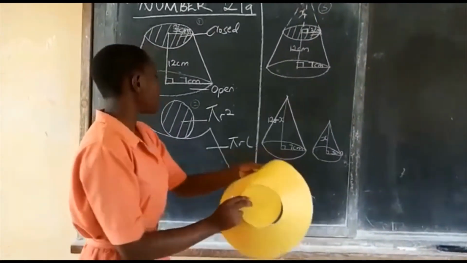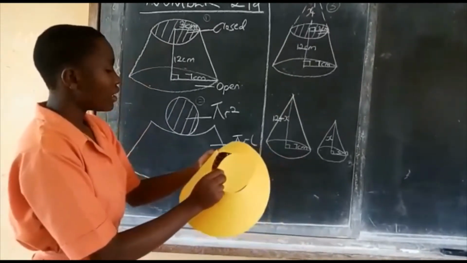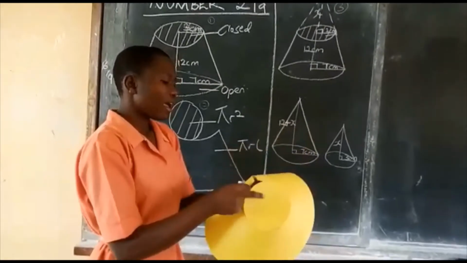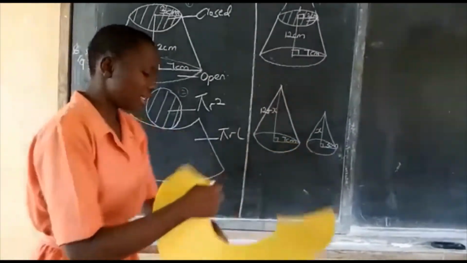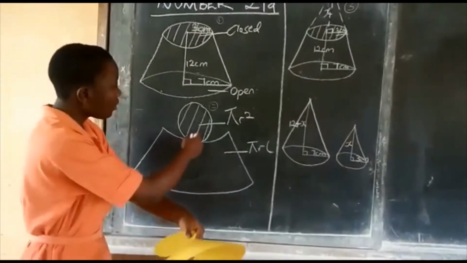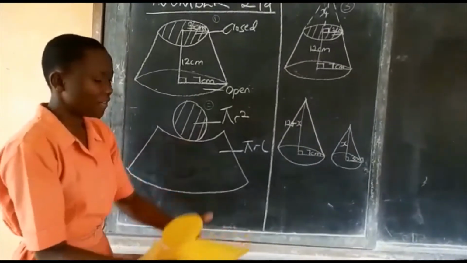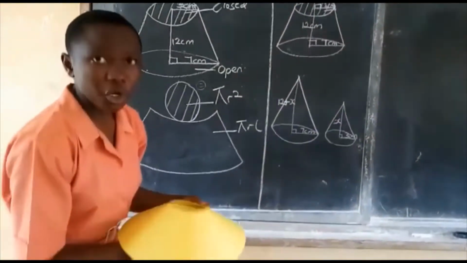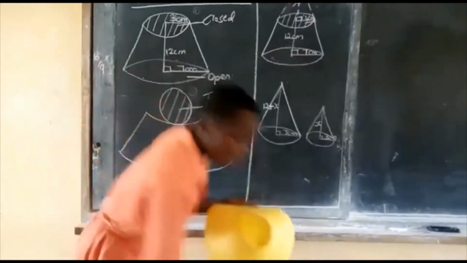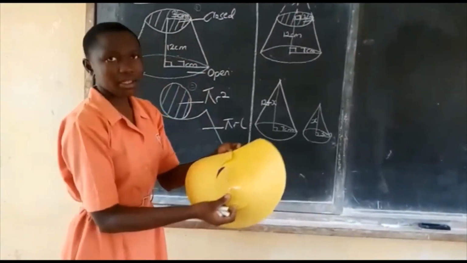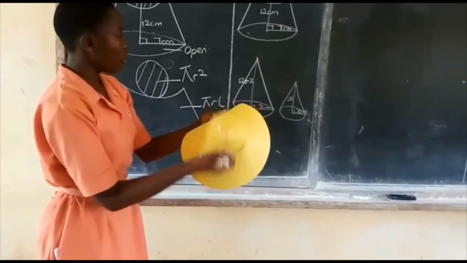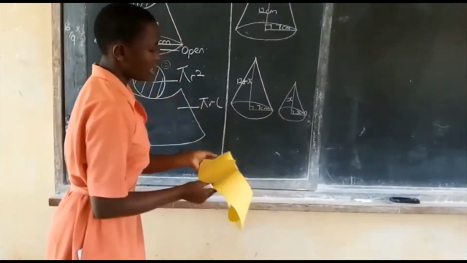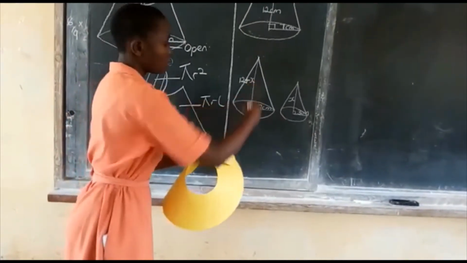So to find its total surface area, we shall need the area of the circular surface and the area of the curved surface. As illustrated here, we have the circular surface and the curved surface. But this lampshade was got as a result of chopping off. It was a full cone like this, and we chopped off this part to form this small cone, and the whole of it formed this one.